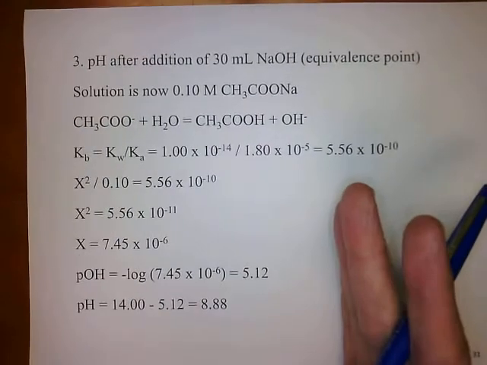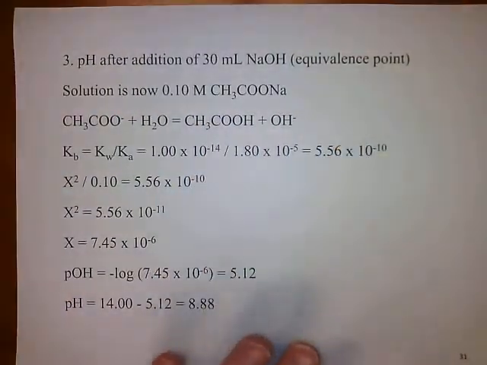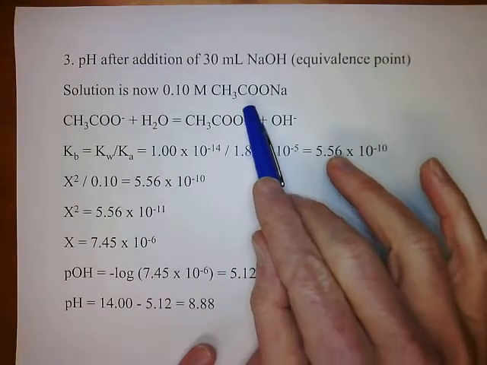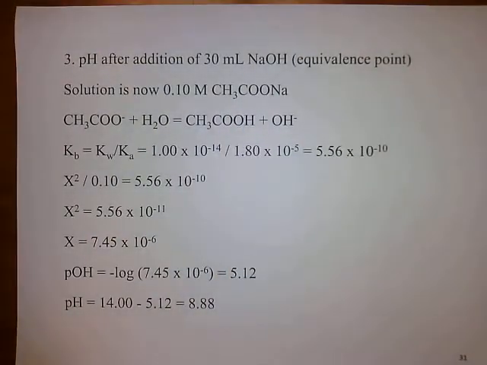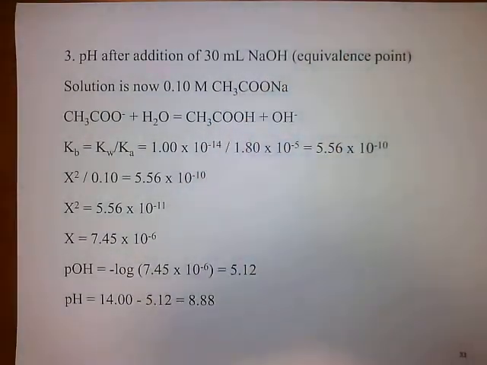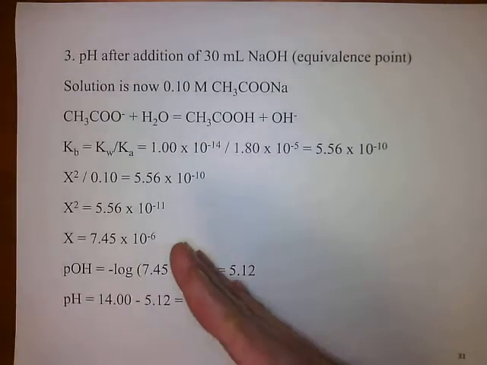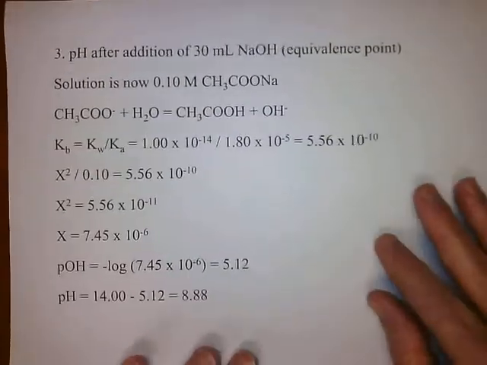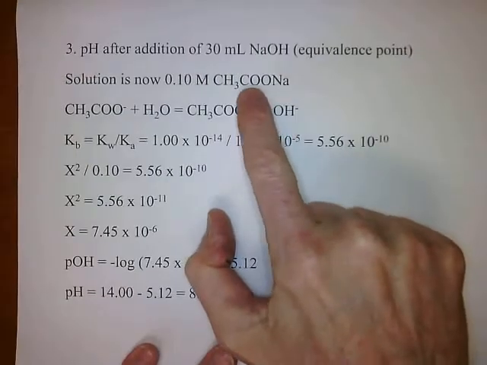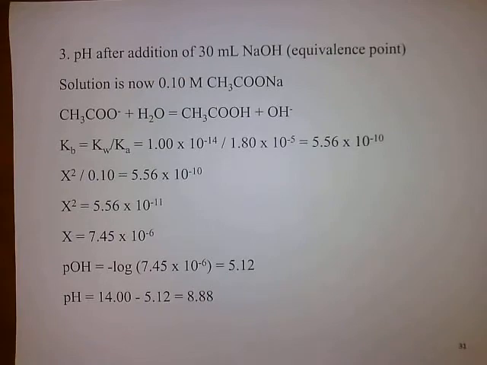If we started with 30 mL and we've added another 30 mL, going from 30 mL to 60 mL, then this concentration is half the concentration of the acid that we started with.